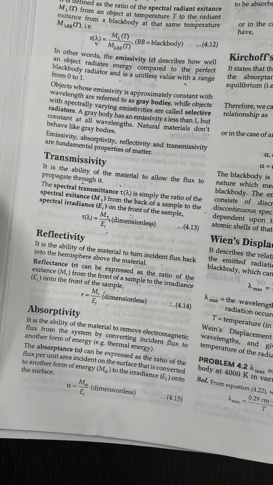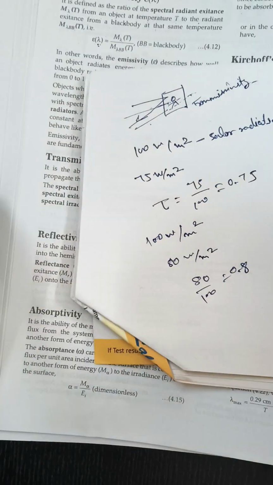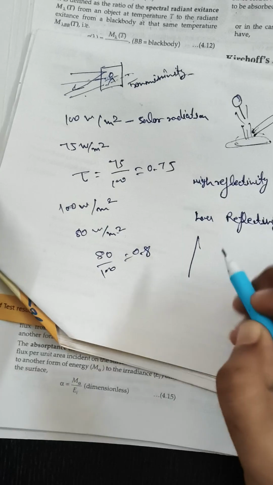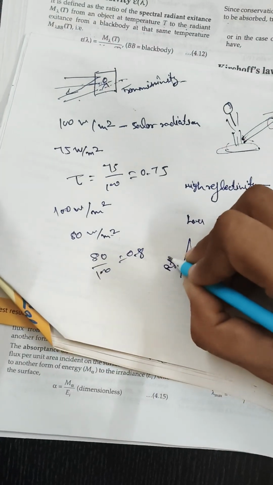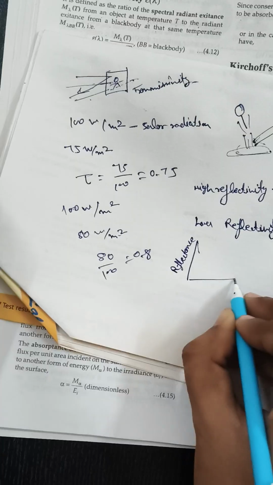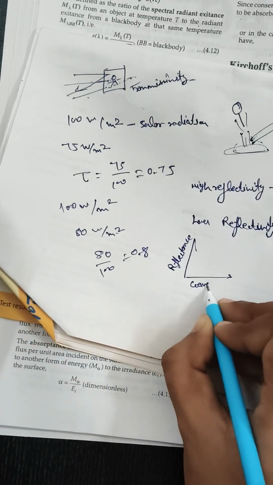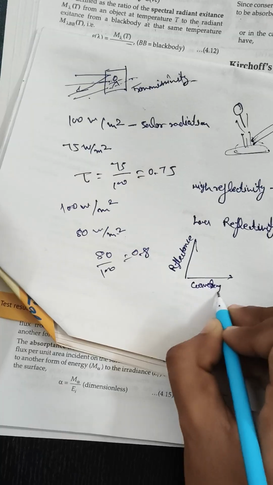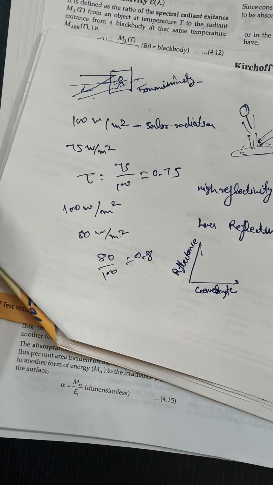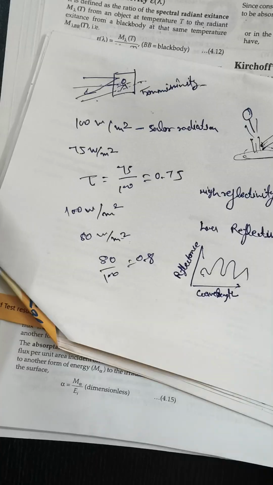Each material reflects electromagnetic radiation differently across different wavelengths. If we plot reflectance on Y and wavelength on X, we get a spectral reflectance curve, something like that.